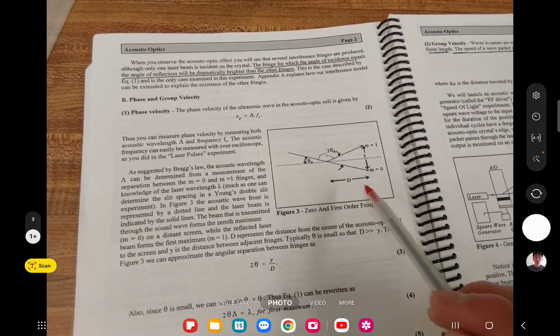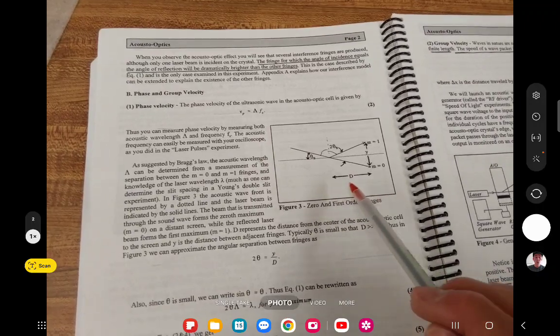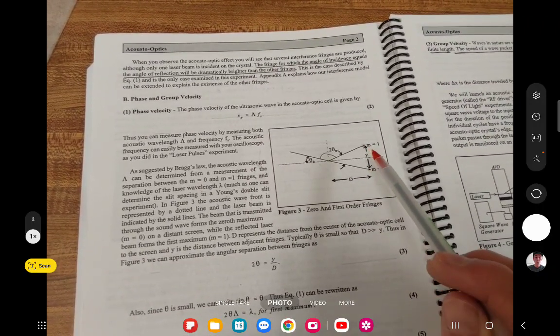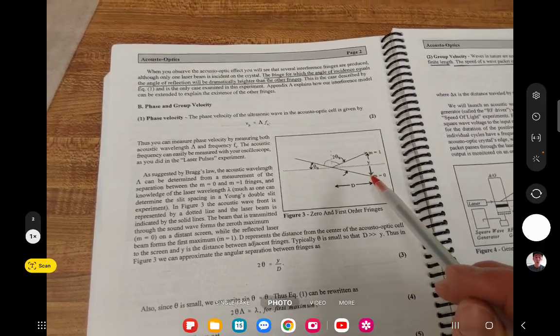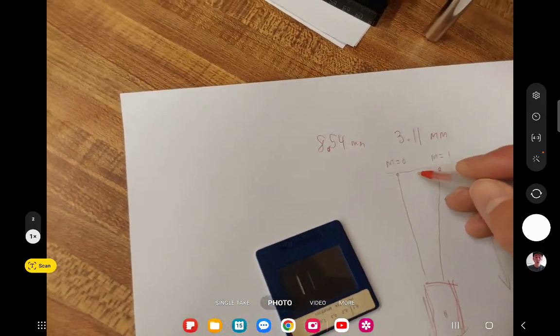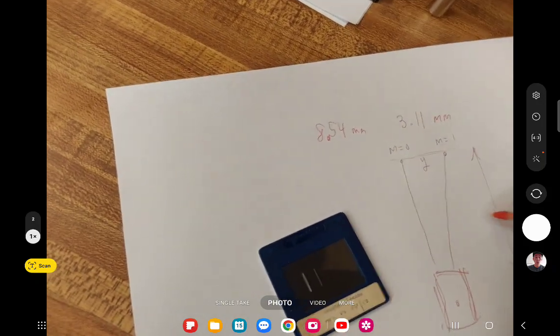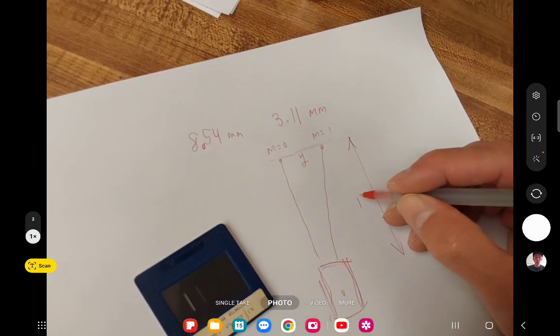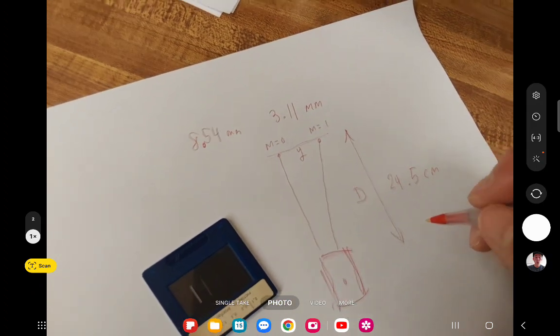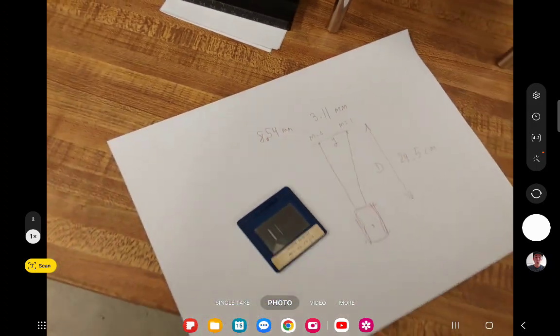And the distance d is about 24.5 centimeters, what we just measured. And this is the difference between about 8 millimeters and 3 millimeters. So this distance here is called y, and this distance here is called d. I'm so sorry for being such a shaky filmer.